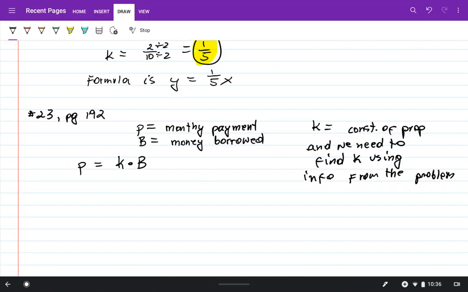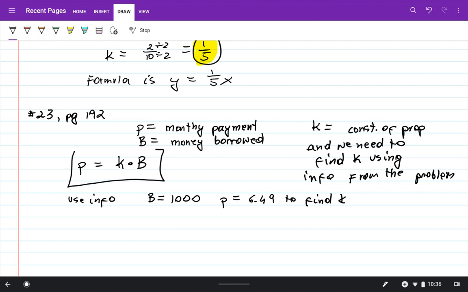So, use the info that if we borrow 1,000, our monthly payment will be $6.49, to find K. So I'm going back; that's going to be our direct variation formula.